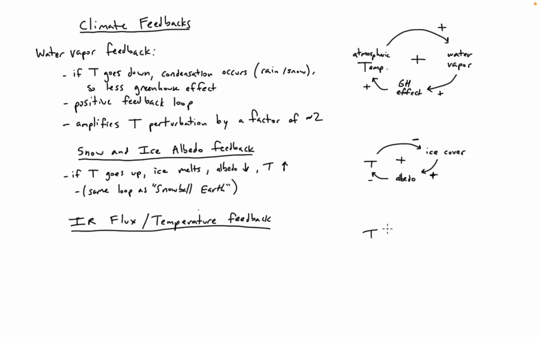That's the Stefan-Boltzmann relationship to the power of 4. So if the temperature increases, the amount of infrared radiation goes up. And if we're blasting more energy into space, that is going to bring the temperature down. So overall, it's a stabilizing loop.